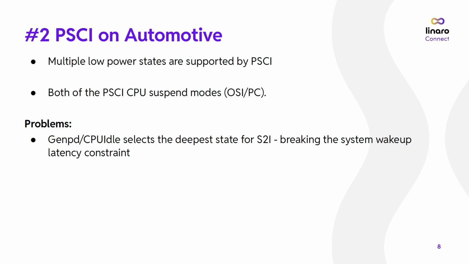In the other scenario, with OS-initiated mode, we might involve the generic power domain too. But even then, when that power domain is controlling the CPUs and their states, it always selects the deepest state. So in both cases, there are problems meeting the system-wide wakeup latency constraints.